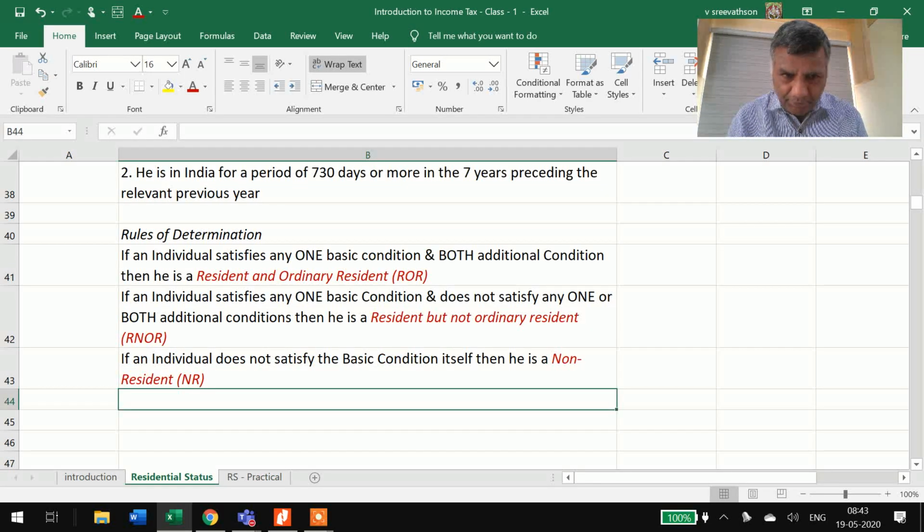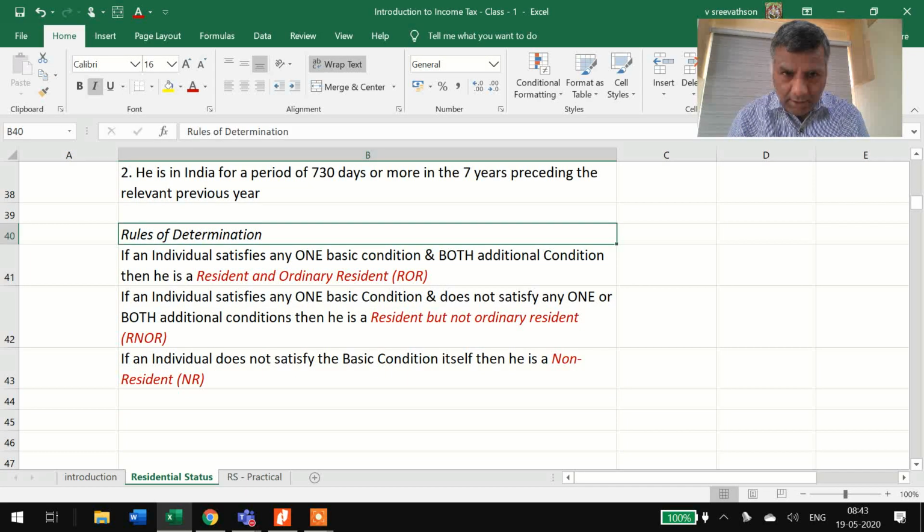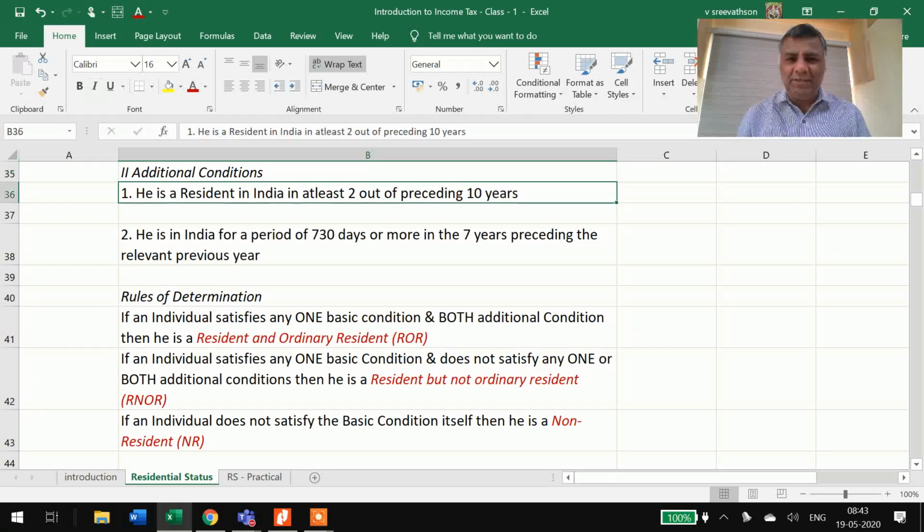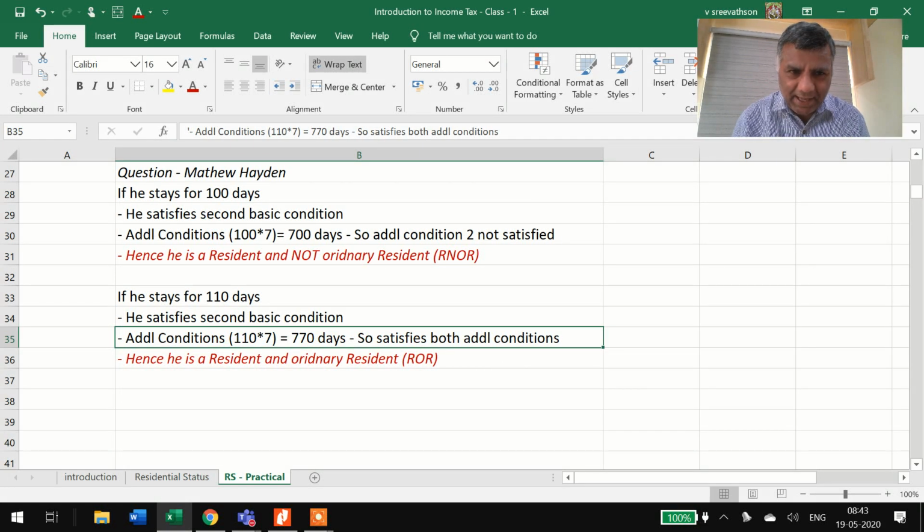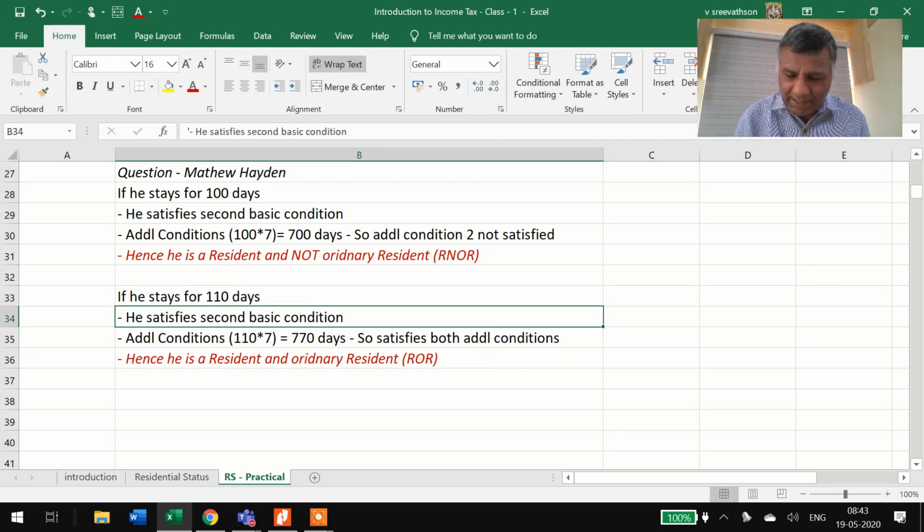Yeah, and the first additional condition, 2 out of every year he is coming here for 110 days. If in 1920 he is a resident, he has satisfied the basic condition. In 1819 also he will. In 1718 also he will. Because every year if you go back, 60 plus 365 will keep on tallying. So first the basic condition, additional condition, obviously you will satisfy, don't worry.